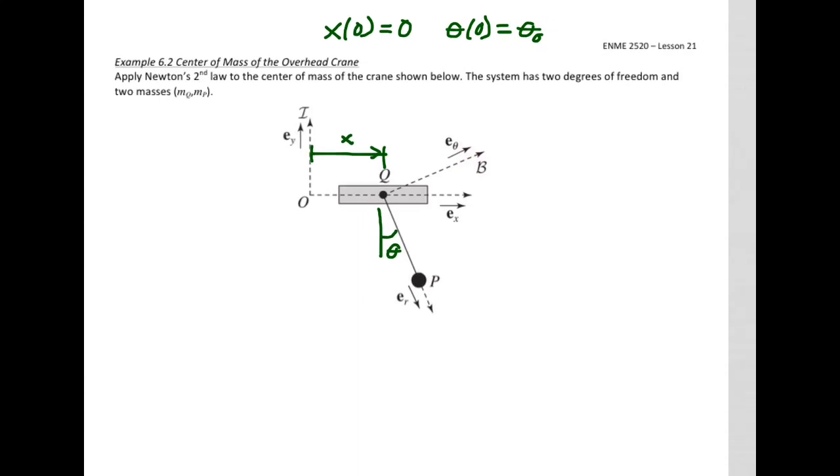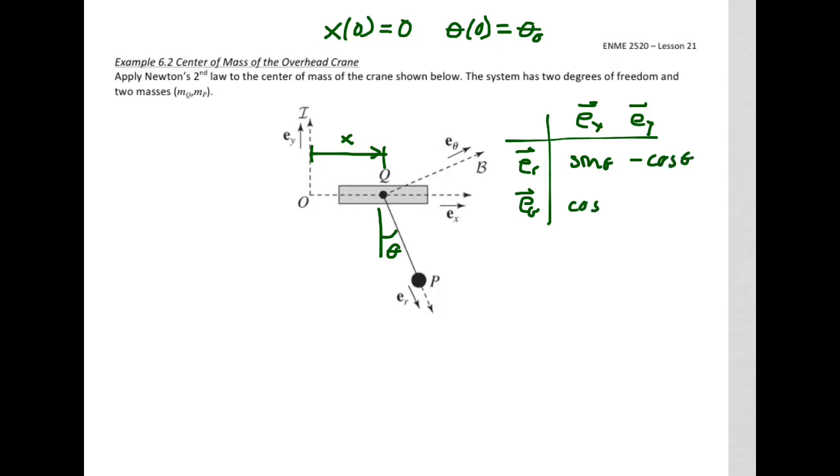And we also determined that the transformation matrix between these basis vectors, EX, EY, and then ER, E theta, is sine theta, negative cosine theta, then cosine theta, and sine theta.